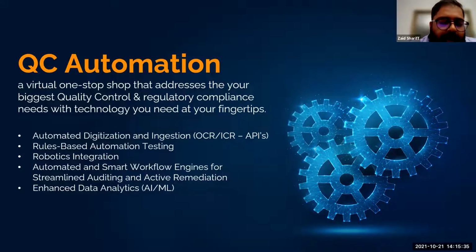That's a great question, Anthony. And the answer to that is, it's more of an a la carte type menu. So based on your organization's requirements and needs, you can either implement all these types of automation technology, or you could pick and choose and say, hey, I really need to do digitization and rule-based automation testing, and I actually need some AI ML, but I really don't need a bot to do the work that I need.